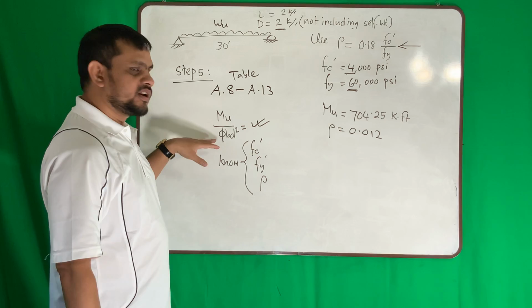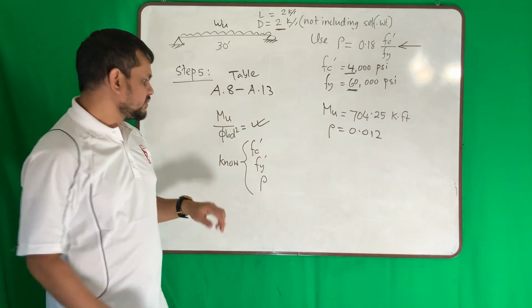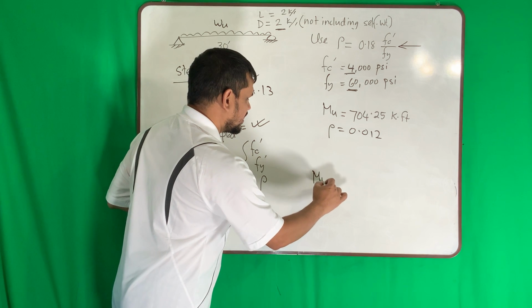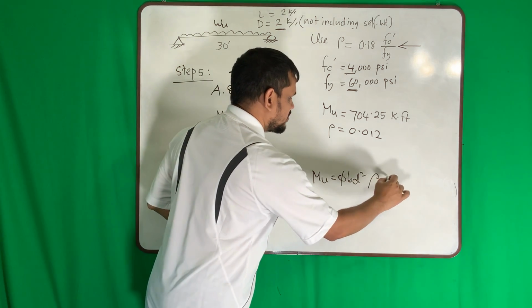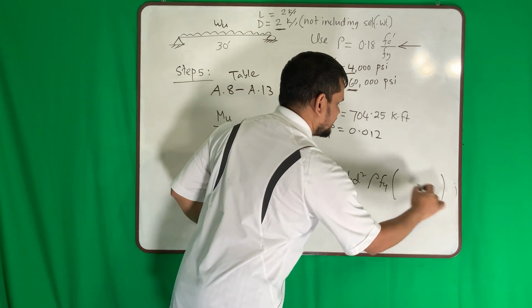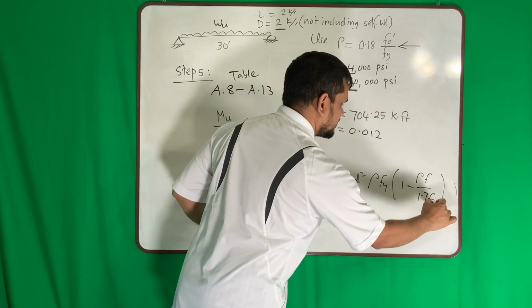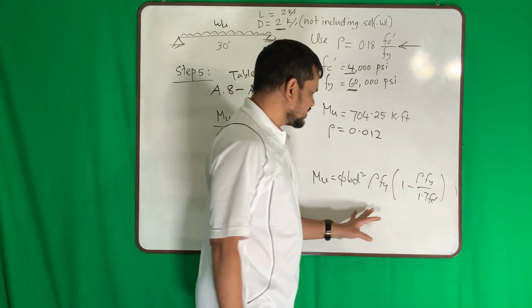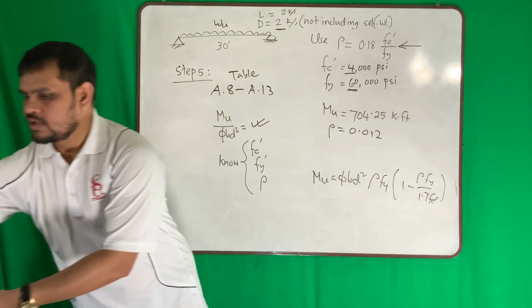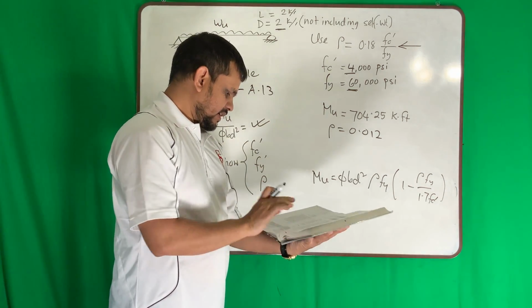Now, where did we get it? In the flexural strength equation. If we expand that equation, if you remember, there's an equation with phi b d squared rho fy, something like 1.7 f prime c, rho fy, something. Yes, similar equation. If I go to your book, I can find that equation. Okay, let me go quickly.